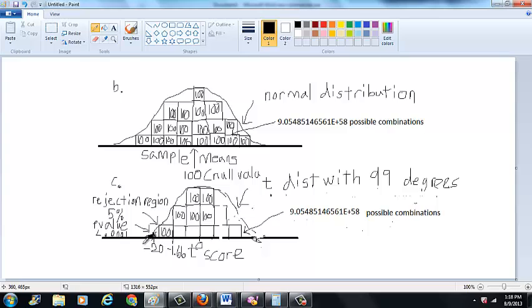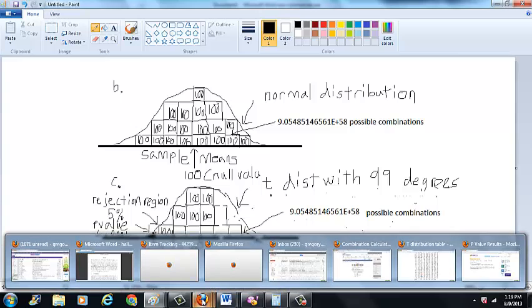We also can reject because the p-value is less than 0.05. If the p-value turns out to be 0.05 or lower, that's really just telling us that we're in the rejection region. It's just another way of finding out whether you're in the rejection region.